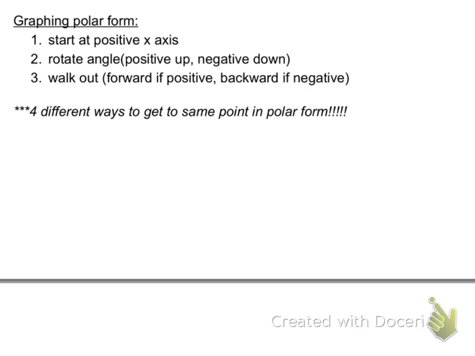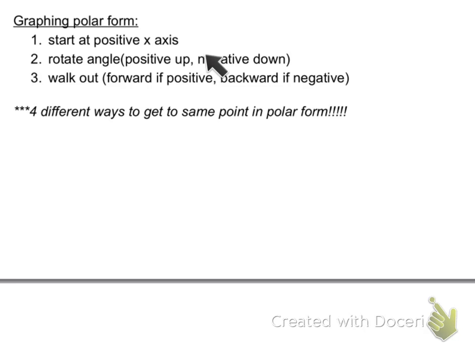So let's talk about graphing polar form. Number one, always start at the positive x-axis. I already told you guys, rotate the angle, theta, in question. If it's positive, you turn counterclockwise. If it's negative, you turn in a clockwise rotation. You turn whatever the amount of degrees is.